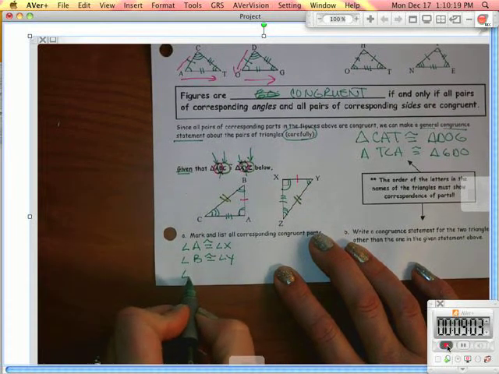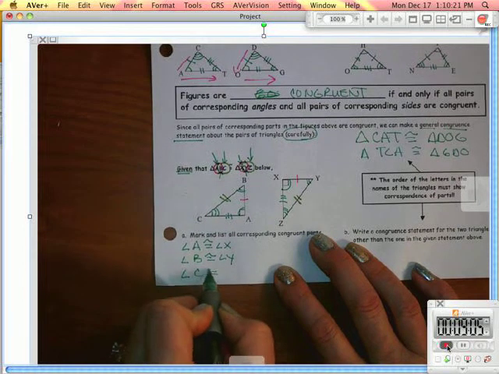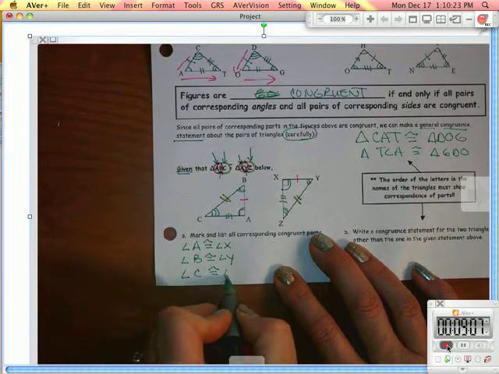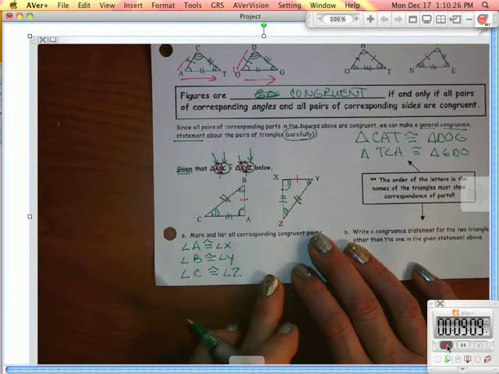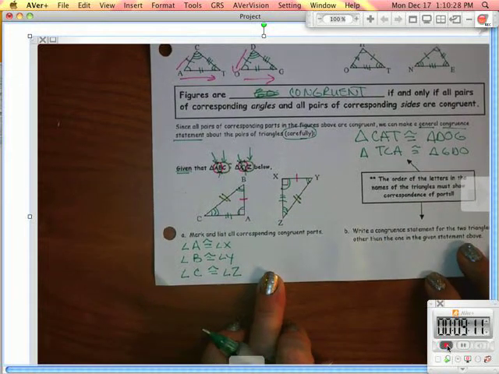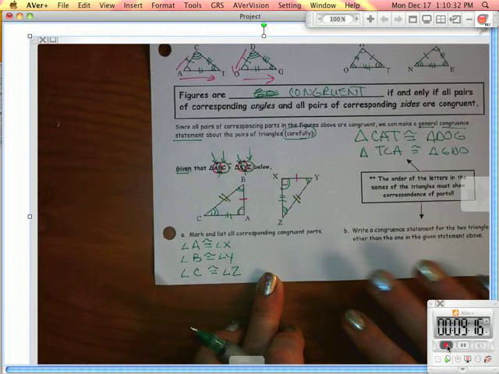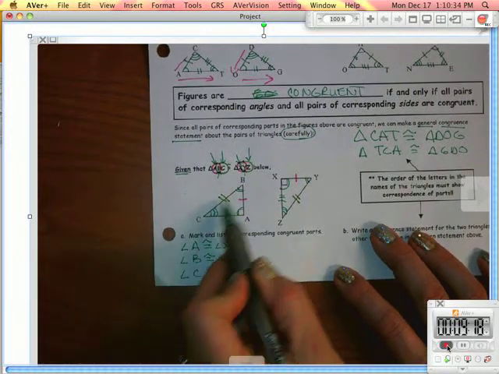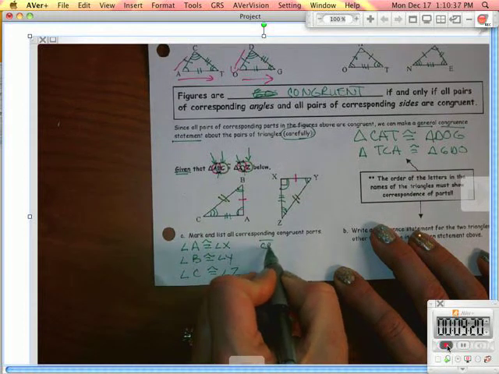So we did the angles. Now we need to write the corresponding congruent sides. Just look at your picture. CB is congruent to YZ. AB is congruent to XY.